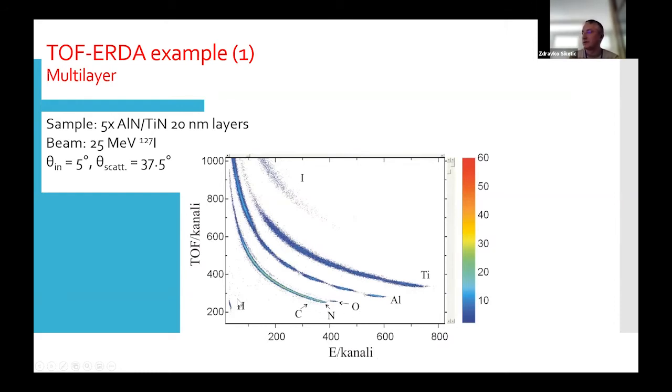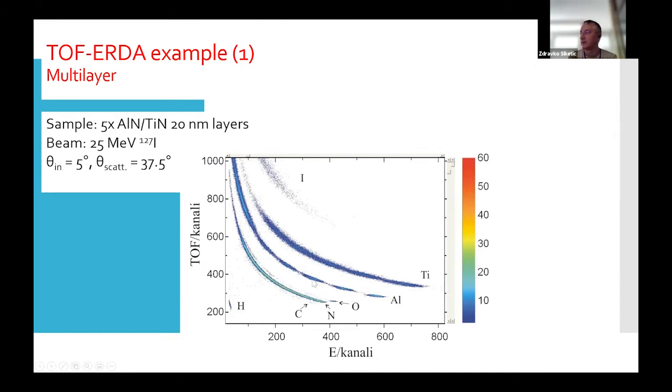So we can identify hydrogen, some contamination of carbon, nitrogen, and oxide contamination on the surface. And you can see these aluminum islands, which means that this is aluminum for each of these 5 aluminum multilayers. So there's aluminum. Now there is a gap, that means that there is a titanium layer here. Then you have aluminum again.